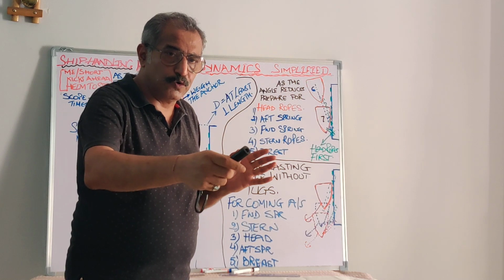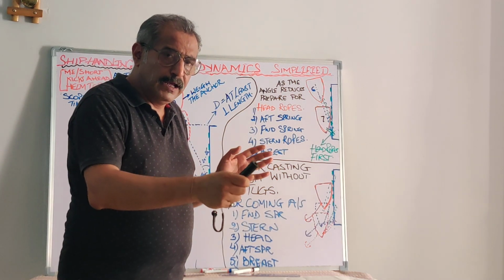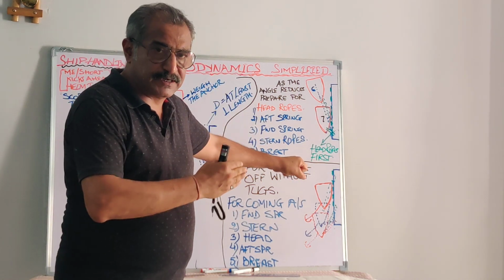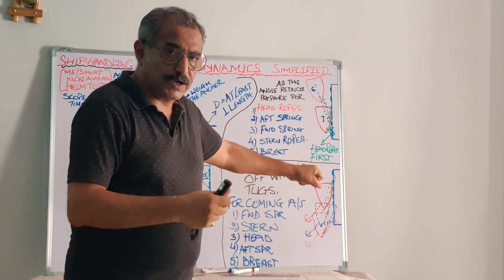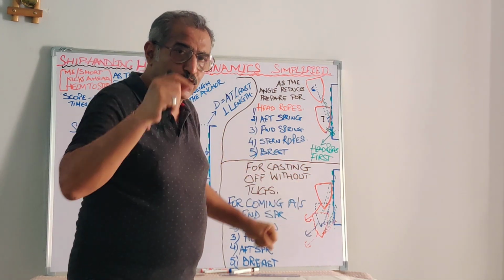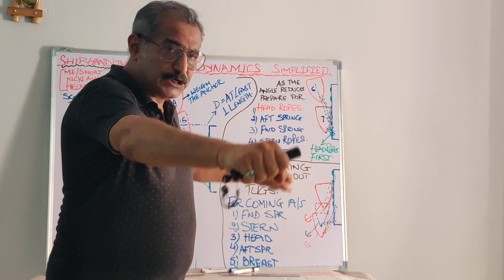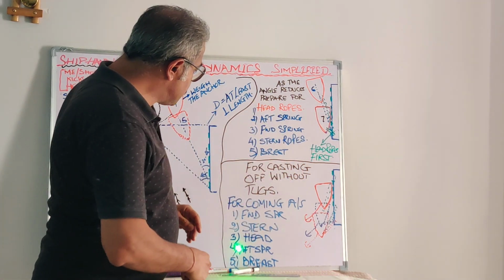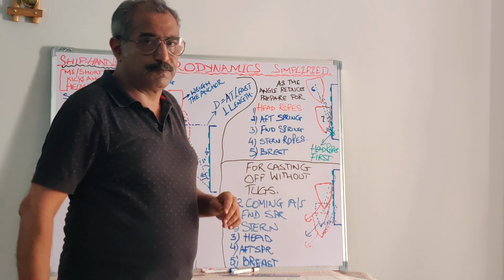Because what the head rope is going to do, once you're aligned and tied up, is not let her fall back, because you're stemming the tide at the same time. So, in the sequence, first you give the spring lines forward, you give the stern lines aft, you give the head ropes at the bow. This will hold your vessel in position. Once that is done, that's when you give your aft spring and your breast ropes.